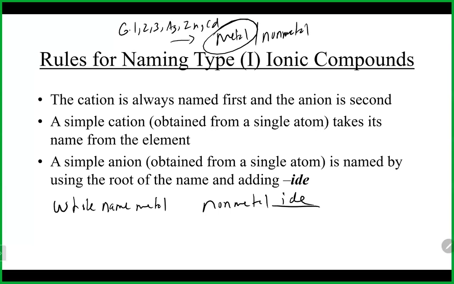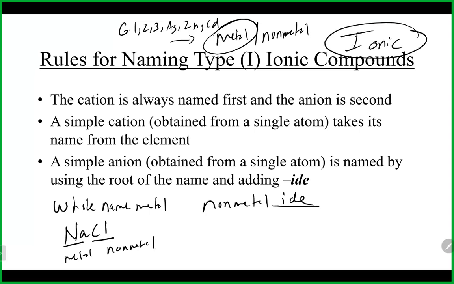So as we saw earlier, we had NaCl. If you are going to look through this and try to name it, the first thing you want to do is go, sodium is a metal, chlorine is a non-metal. And once again, that should scream to you that I am dealing with an ionic compound. And as we talked about, we want to always look at the metal.